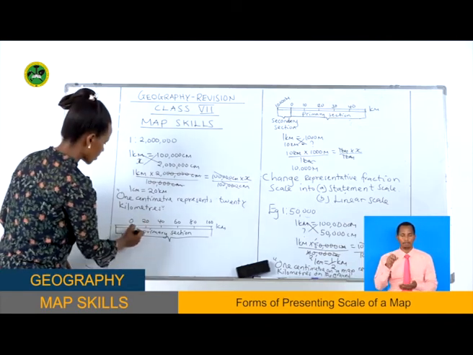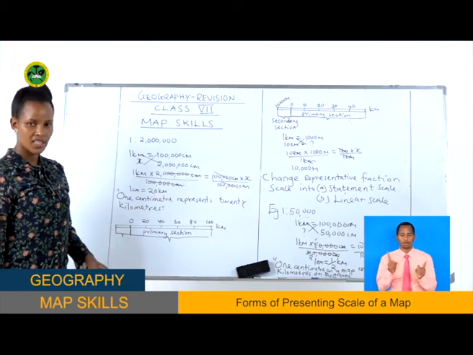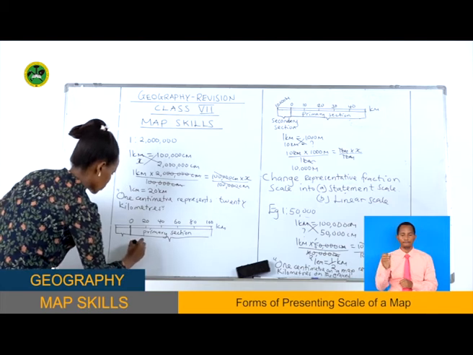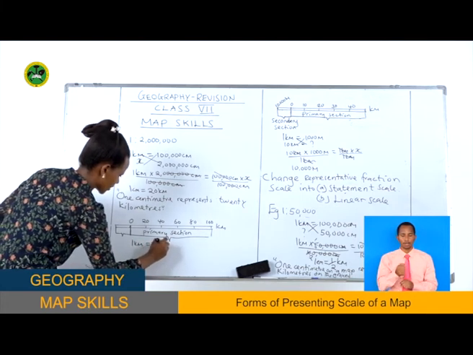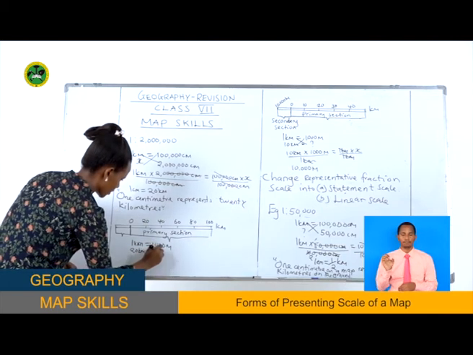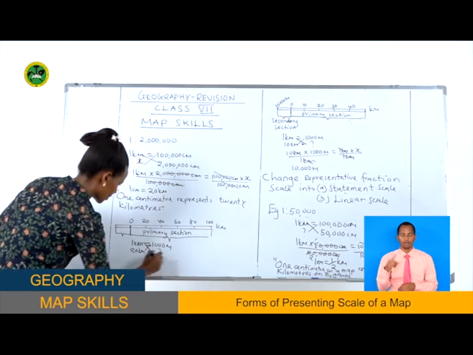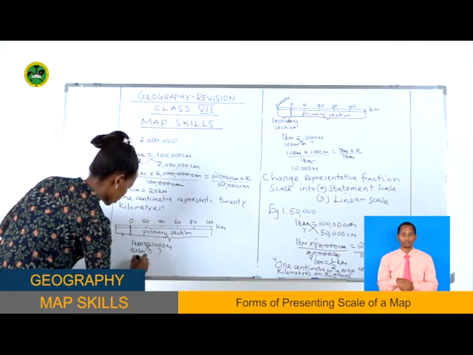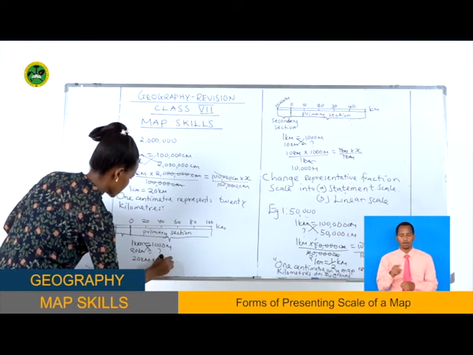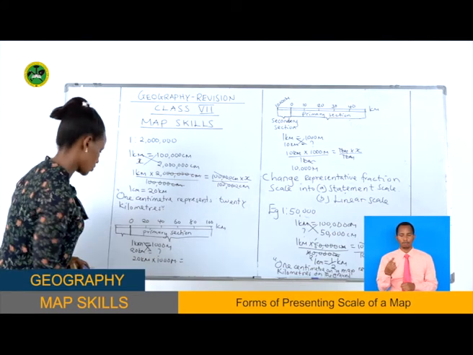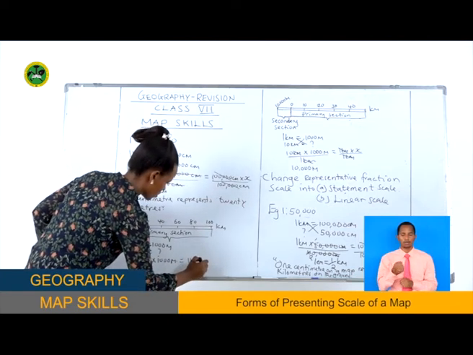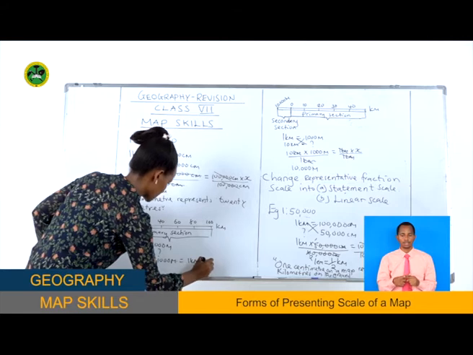Now change 20 kilometers into meters. You take the constant formula that 1 kilometer is equal to 1,000 meters. Then 20 kilometers will be how many meters? Cross multiply. Here 20 kilometers goes with 1,000 meters, which is equal to 1 kilometer times x.